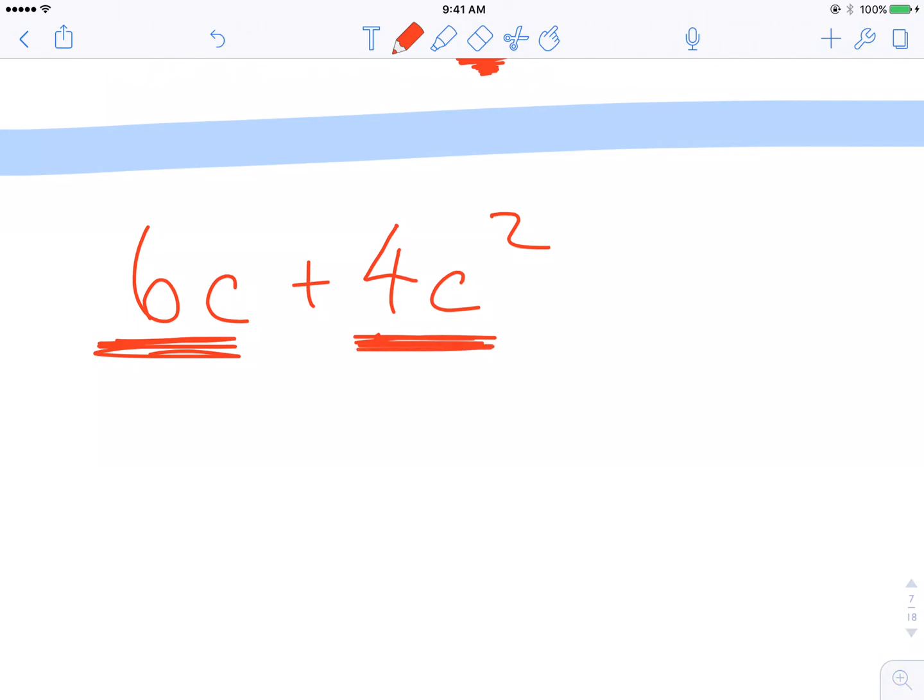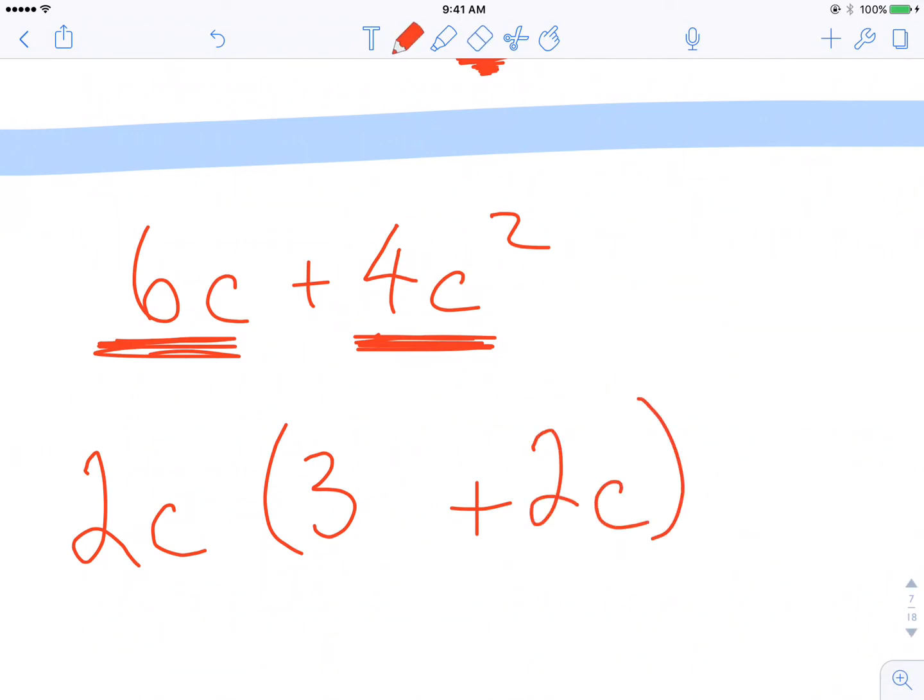I know they're both going to divide by 2. I know that I can divide both of them by c, so 2c would be my common factor. I would be left with, not 3c because I took the c away, 3 plus 2c.